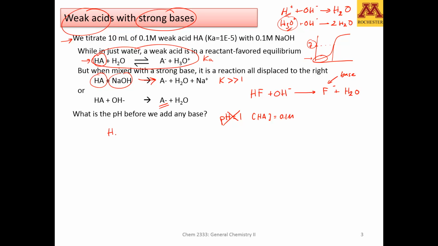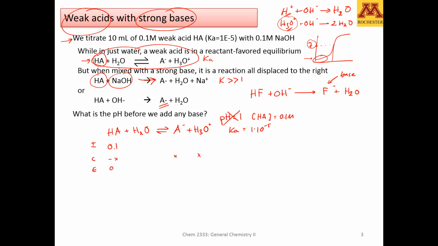We have seen this before, so we just need to build the ICE table for this weak acid. In this case, the Ka, it says that is 1 times 10 to the negative 5. Okay, so initially I have 0.1 molar, and the change is minus x, and there's going to be x and x. I forgot this.